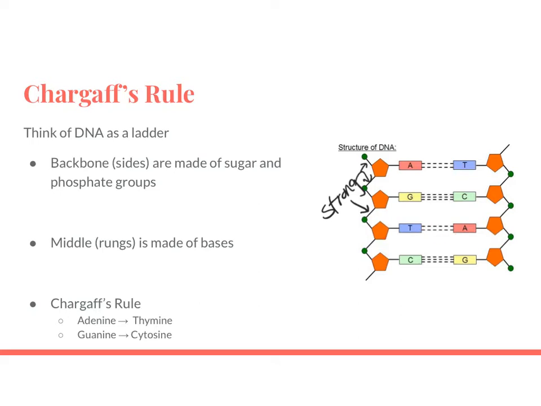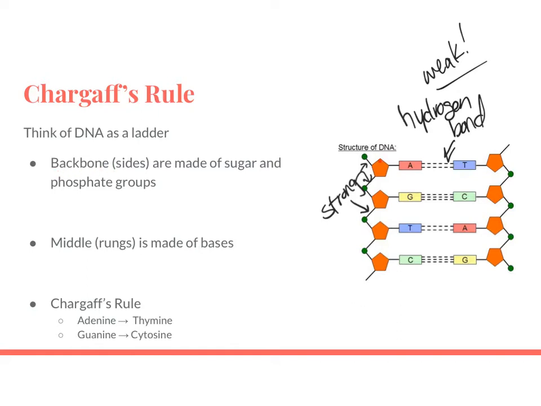The reason they have dotted lines is because that's a hydrogen bond. Those are weak. It's much more like an attraction between magnets, so you can take two magnets and move them apart, they're not glued together. So think of DNA like a ladder.